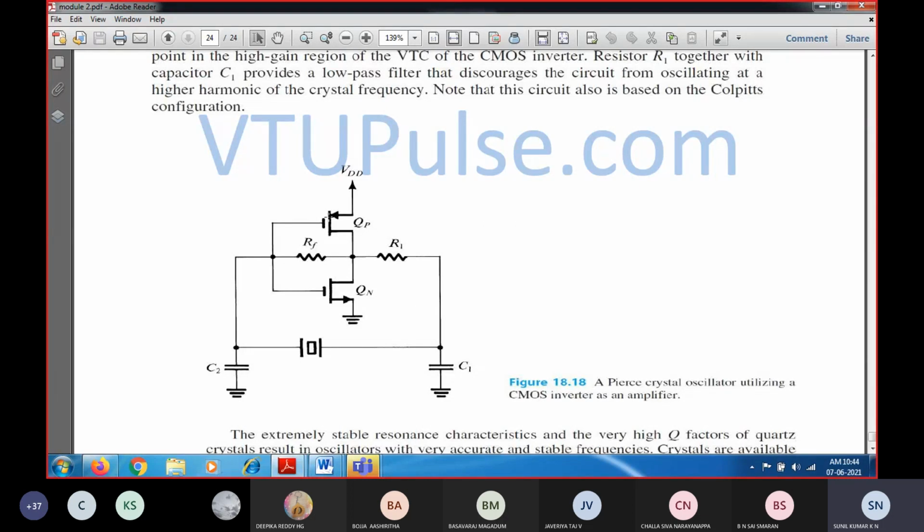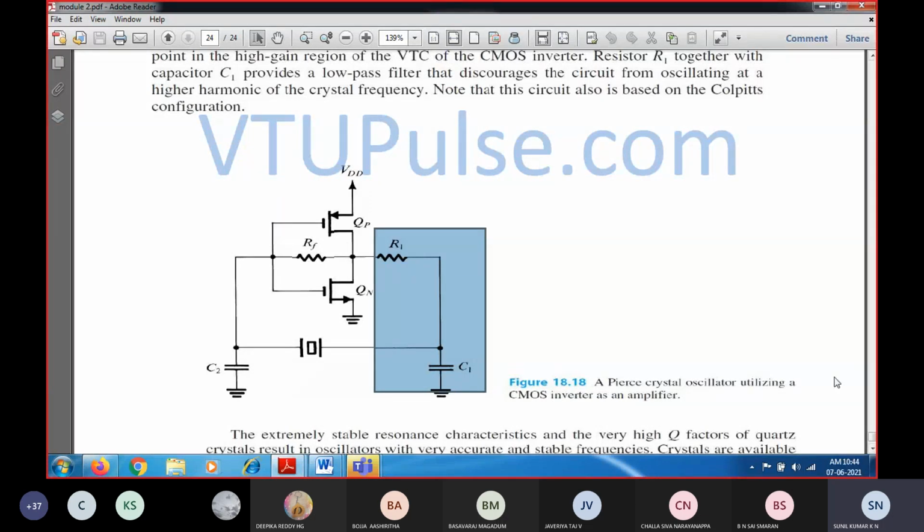C1 and C2 correspond to the capacitors, R1 is the output resistor, and RF is a feedback resistor connected between the output and the input of the inverter amplifier. So the value of R1 and C1 is going to provide a low pass type of network. With this, module 2 has been completed.